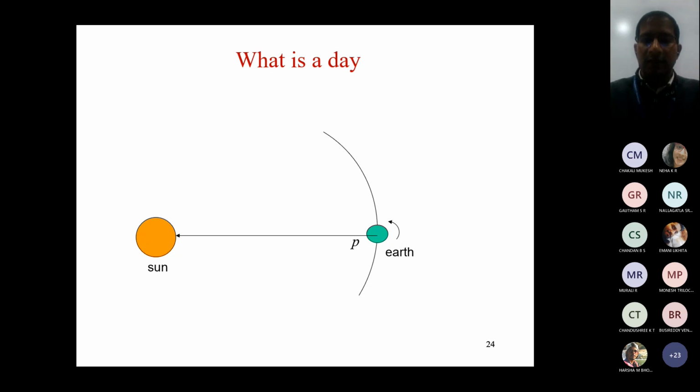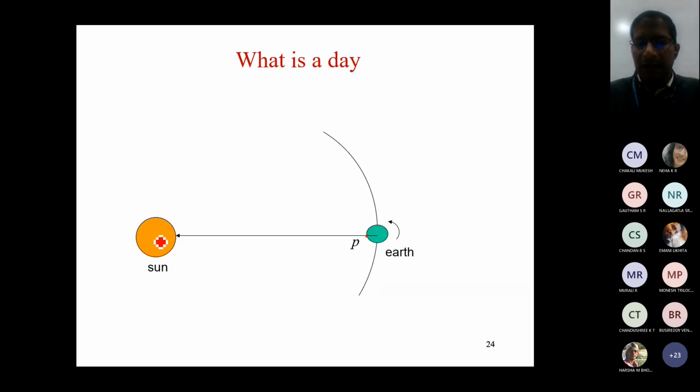See here in this particular image. This is the sun. This is the planet, which is your Earth. Our planet Earth rotates around the sun, as well as rotates around itself. Suppose one point on the Earth's surface, on the line joining the center of the sun and the center of the Earth, is P. This point P is completely focusing on the sun.